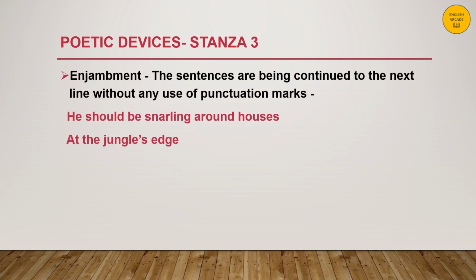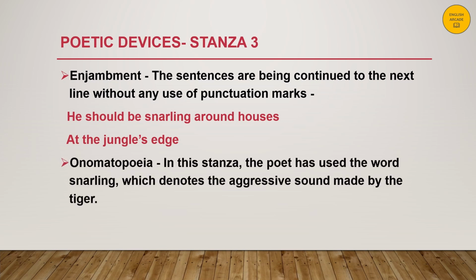Enjambment is used in line 1 and 3, where the sentence continues to the next line without any use of punctuation marks. He should be snarling around houses at the jungle's edge. Onomatopoeia is used in the word snarling, where the word denotes the aggressive sound made by the tiger.